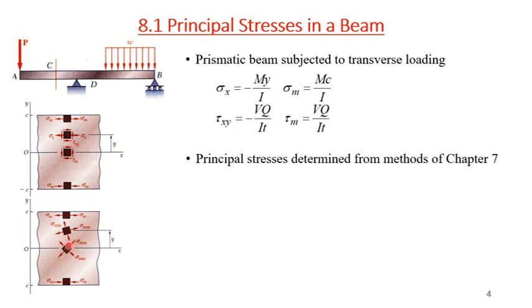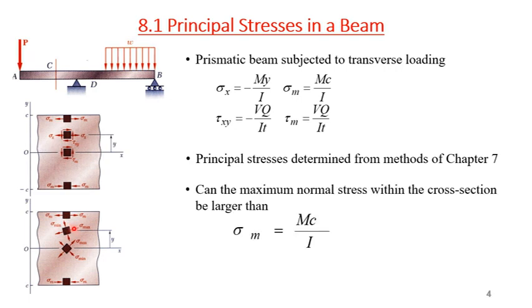At the neutral axis, where we have maximum shear stress, I have to rotate 45 degrees to find the principal stresses, and that we find by the method discussed in chapter 7. But in between, the orientation will be different. By different orientation, we have maximum and minimum stresses.